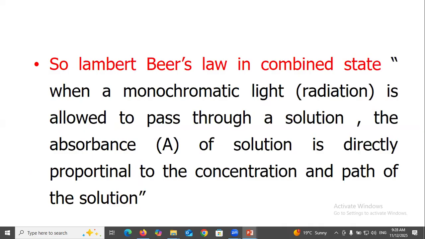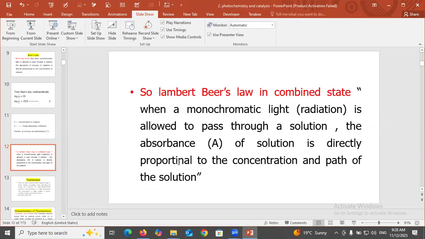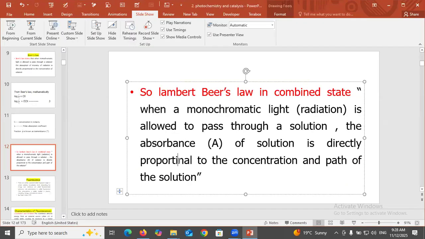So Lambert-Beer's law combined states that when a monochromatic light radiation is allowed to pass through a solution, the absorbance A of the solution is directly proportional to the concentration and path length of the solution.